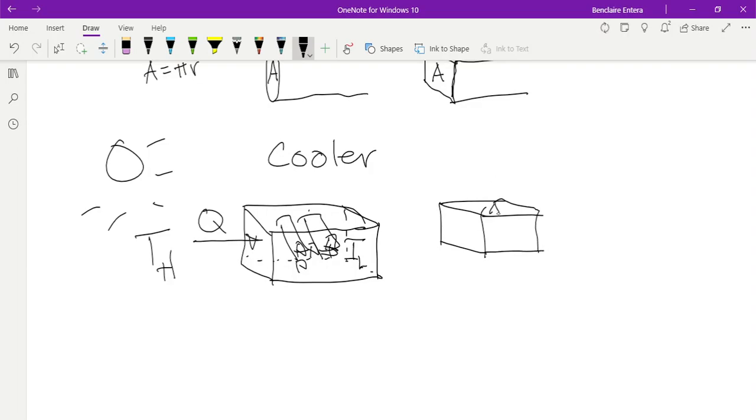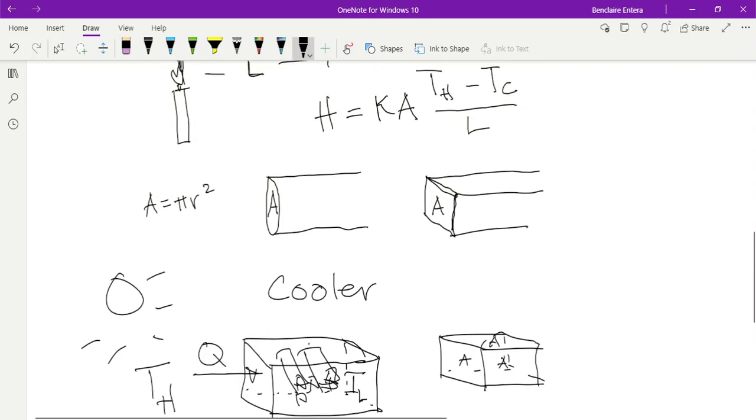Okay, so may area dito, area dito. Okay, so area dun sa kabila, dito sa ilalim. Dapat i-total mo yung area na yan. And then if the thickness of the, example, itong thickness ng ating cooler is uniform, so yun ang gagamitin mo na L dito. Yung thickness niya. So isa lang naman ang thickness nito kapag uniform ang thickness. Ito lang area, dapat i-calculate mo ang total area ng surface.